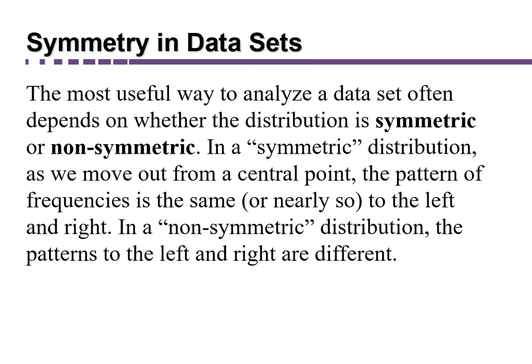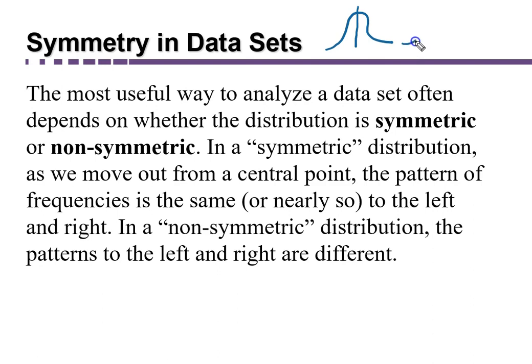For instance, one of the most familiar patterns that we see in a data display is what we call the bell-shaped curve, where there's sort of a right portion and a left portion, that it's evenly distributed with a central point.